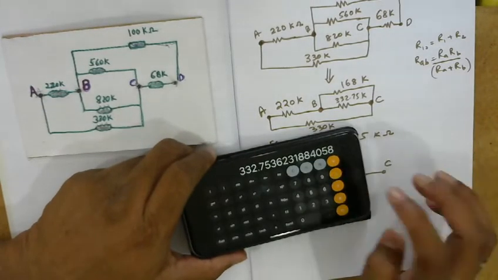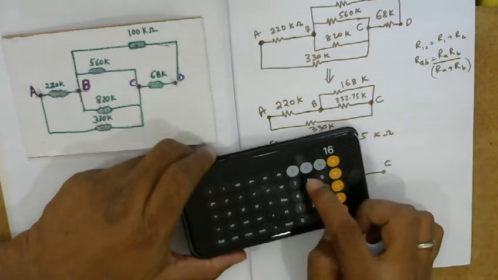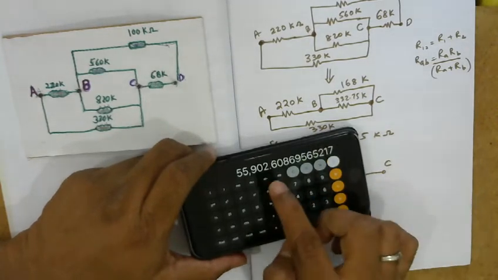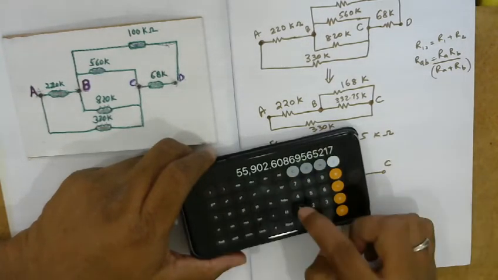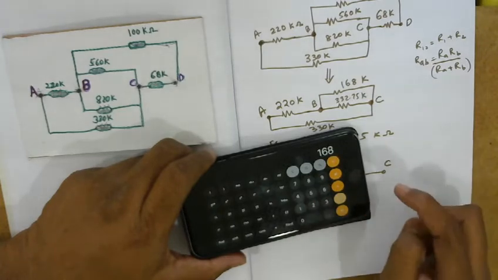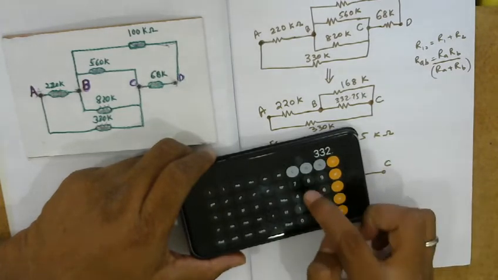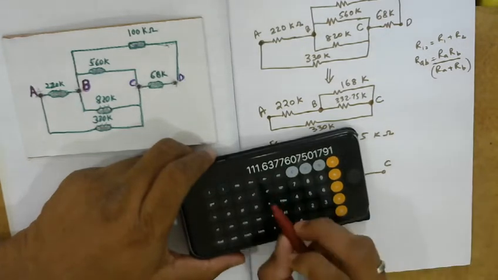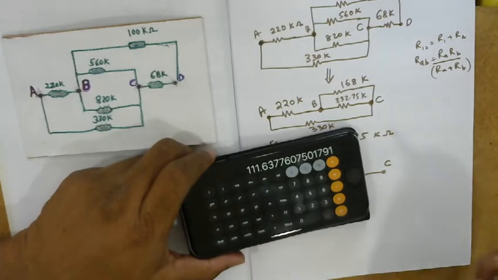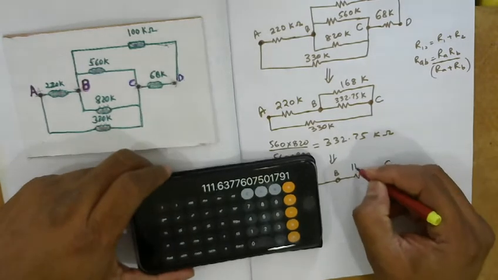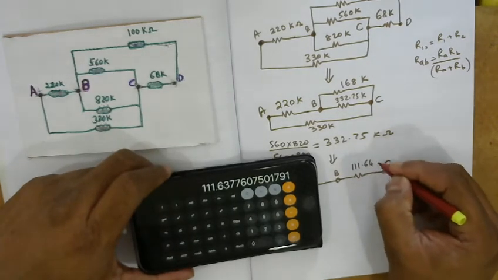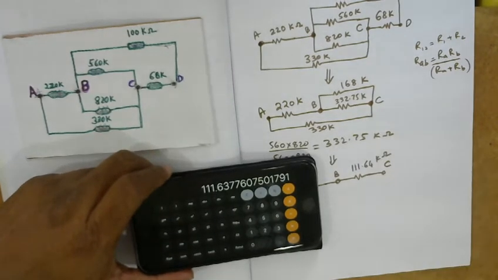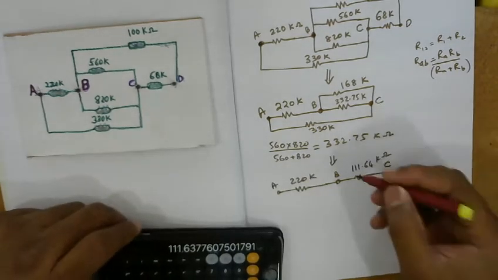So I just multiply by 168 and divide, brackets open, 168 plus 332.75 and brackets close. So I get this number, 111.64 kilo ohms. Okay, so this is the equivalent resistance of this.